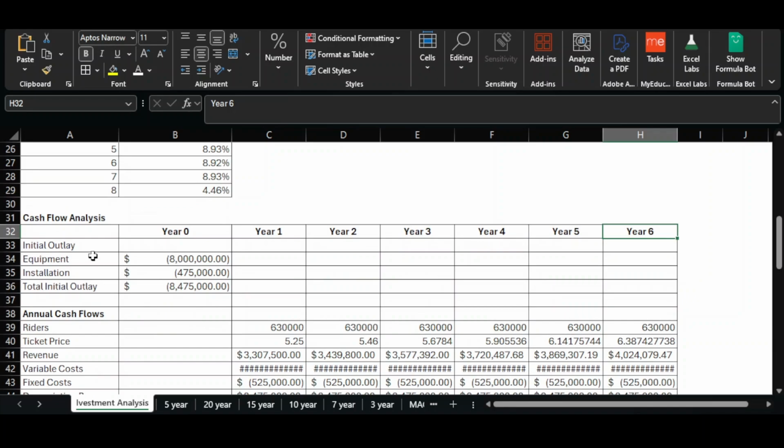And of course, for this cash flow analysis table, you will need the initial outlay, which simply means your initial investment. It is given in the paragraph that about 8 million is the cost of the equipment. The cost of installing that is $475,000, and the total initial outlay is simply the addition of both, which is 8.475 million.